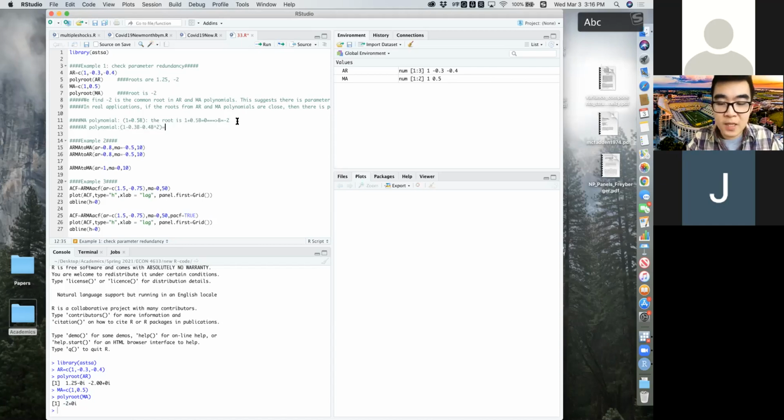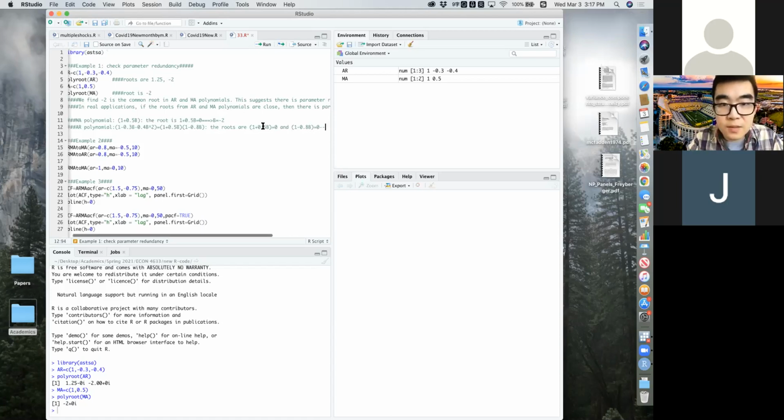We can write this order 2 polynomial as 1 plus 0.5B times 1 minus 0.8B. So there are two roots here: one from 1 plus 0.5B equals 0, and one from 1 minus 0.8B equals 0.